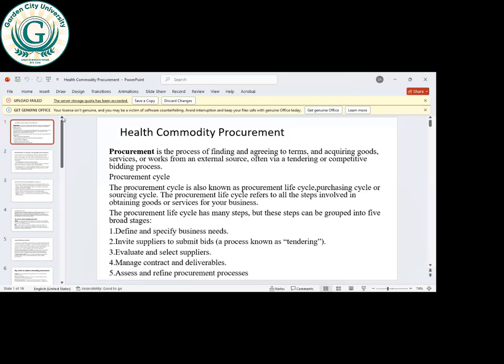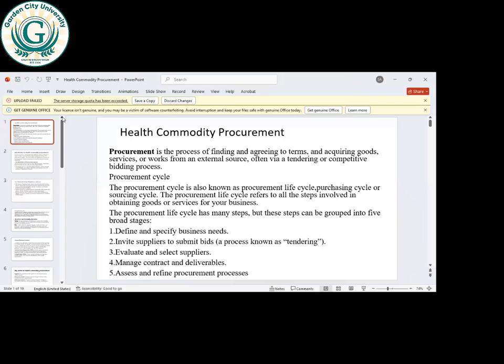Then you move on to acquire, that is, you move on to purchase the goods or services from an external source. Because it cannot be produced in-house, that is why you are procuring, so you go looking for the items externally. This is often done through tendering or competitive bidding process.